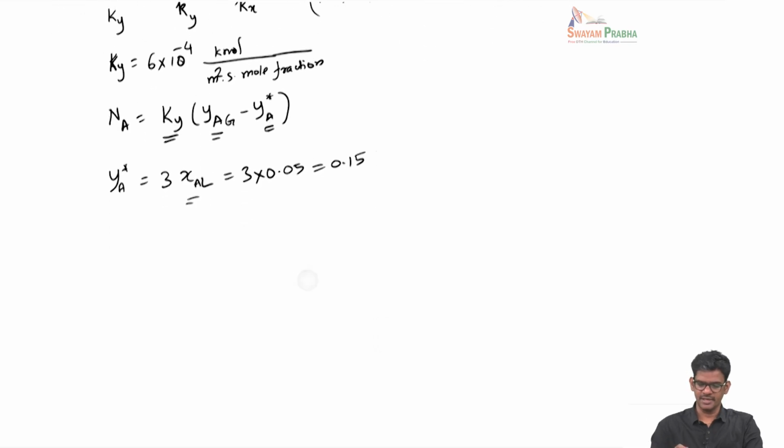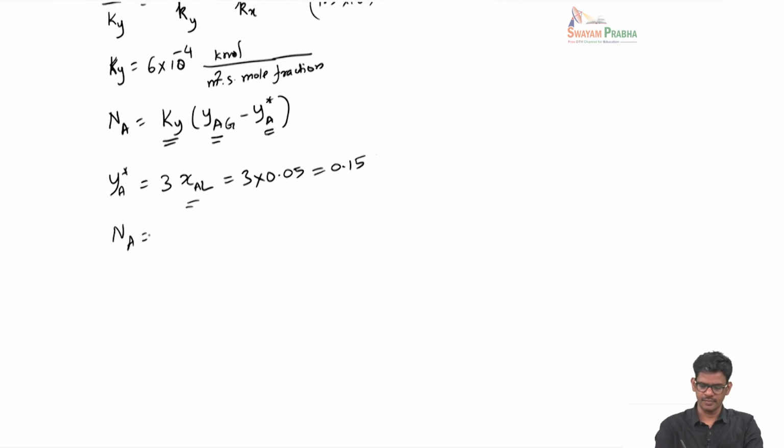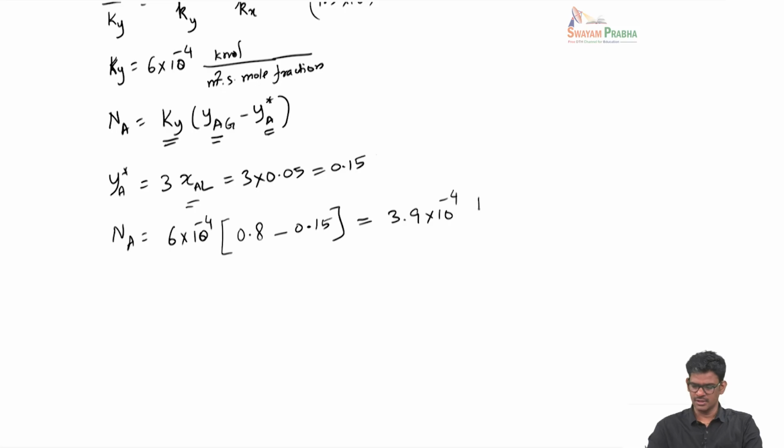So now we can calculate NA. This is 6 into 10 power minus 4, YAG is 0.8 and YA star is 0.15. This gives you a value of 3.9 into 10 power minus 4 kilomole per meter square second.